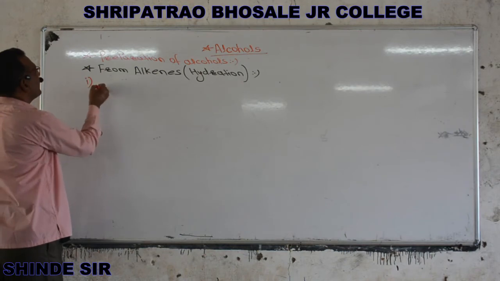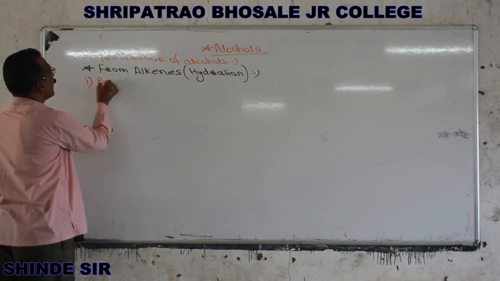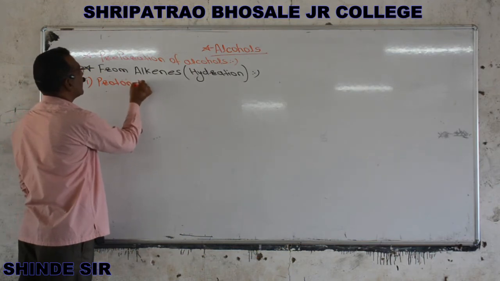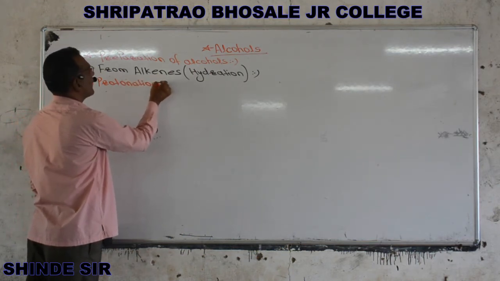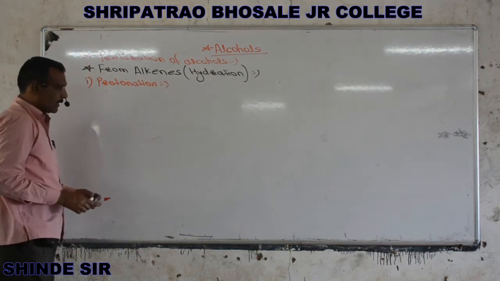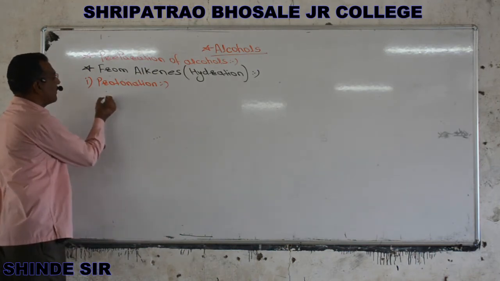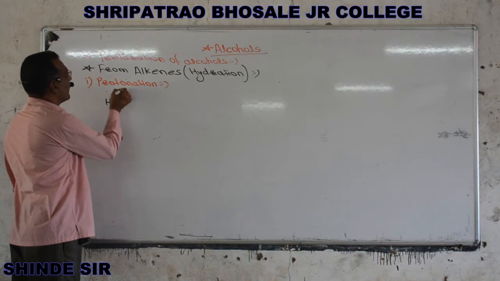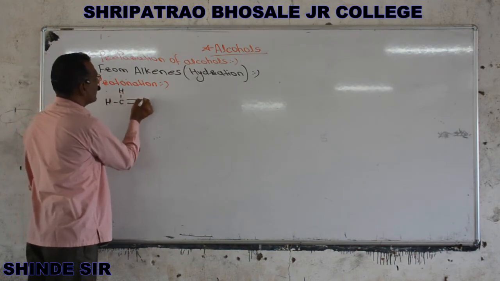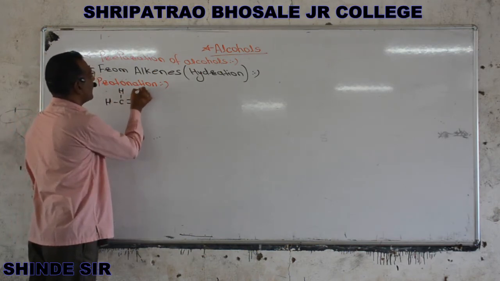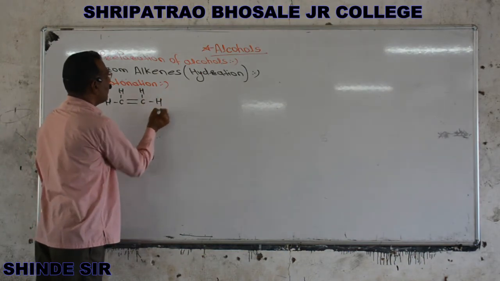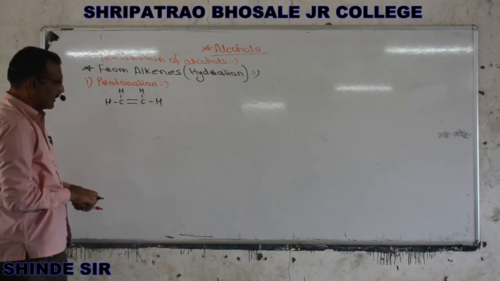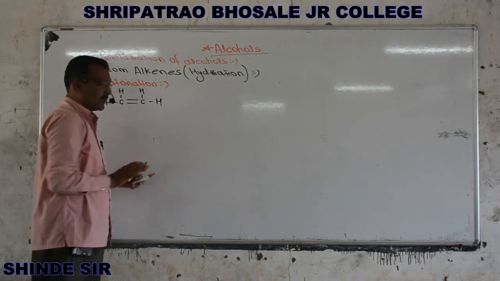The first step is protonation. What happens here? I will directly take an example to explain the mechanism. For example, consider the alkene ethene. Consider that the reaction starts.